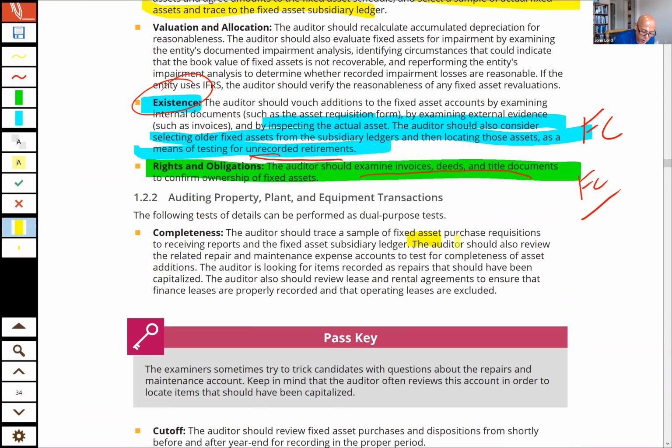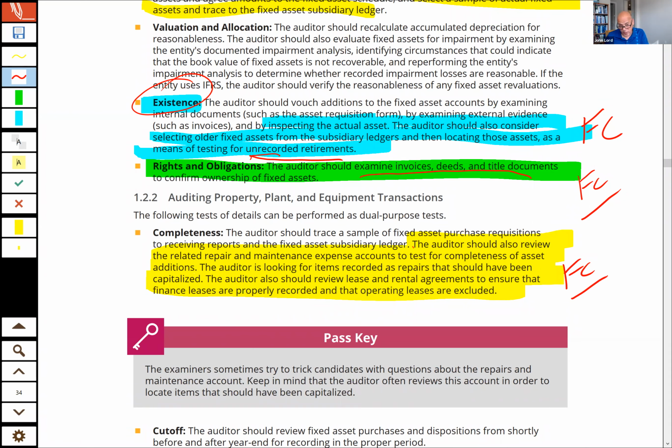here we say that the auditor should also review the repair and maintenance account, and you're looking for things that were listed as a repair that should have been included in the fixed asset account. So if they tell you that they capitalize any repair in excess of $5,000, then you would look in the repairs and maintenance account.